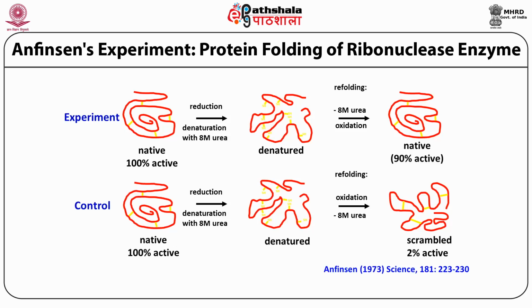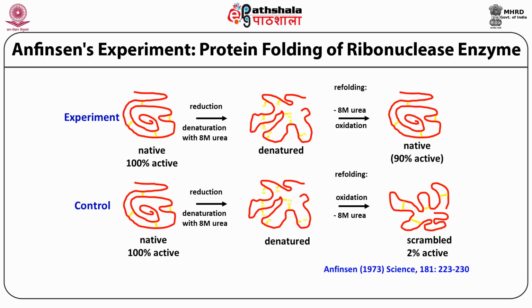While in the second case, when the denatured protein was refolded, the oxidation meant that the disulfide bonds were already formed between certain cysteines which came close to one another, and it really did not matter that 8 molar urea was subsequently removed because it continued to stay in a scrambled state.